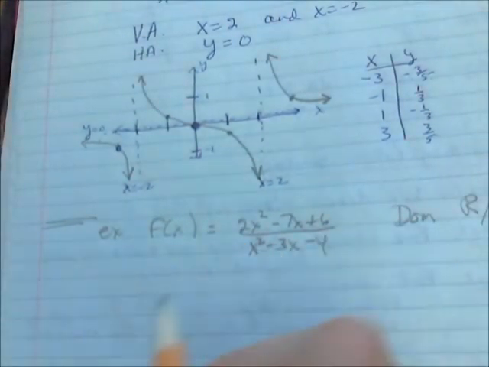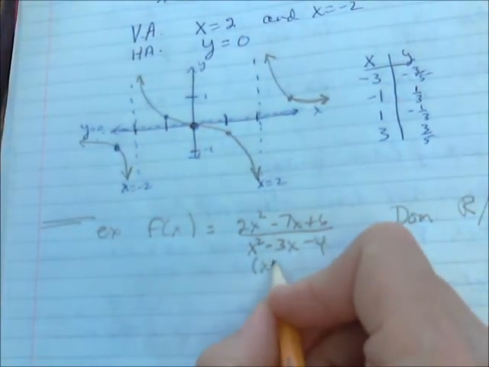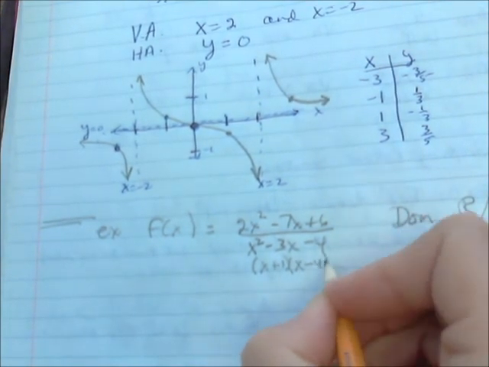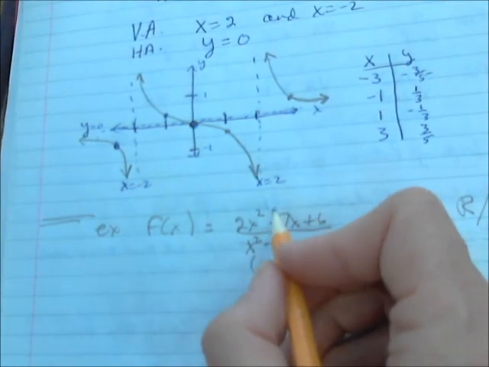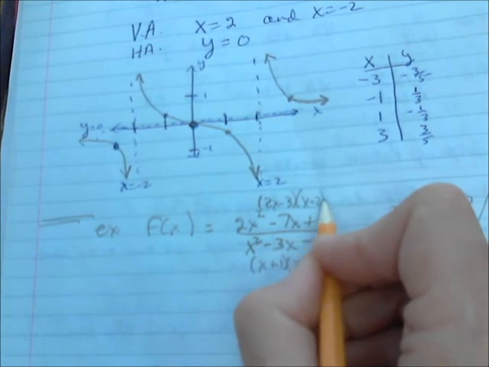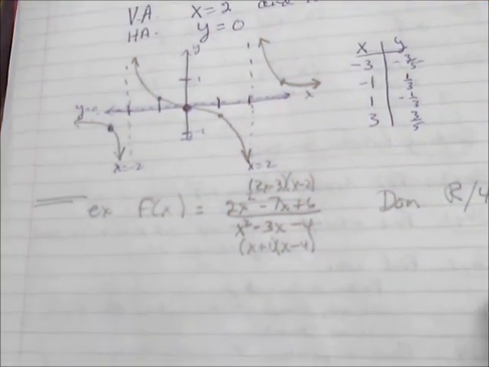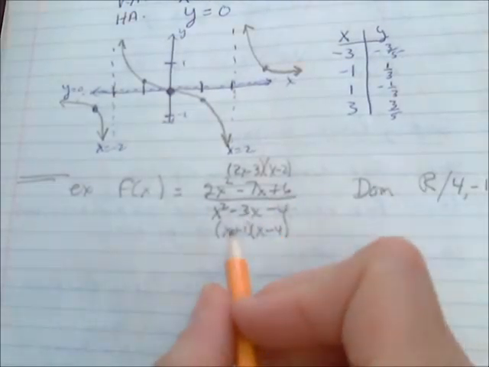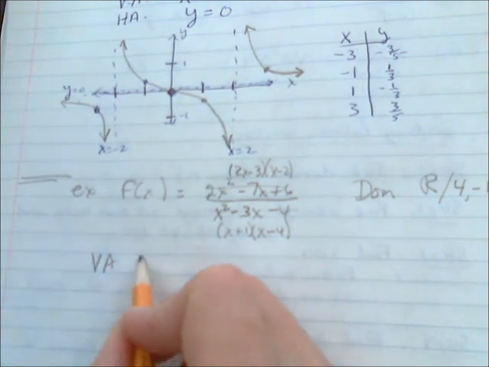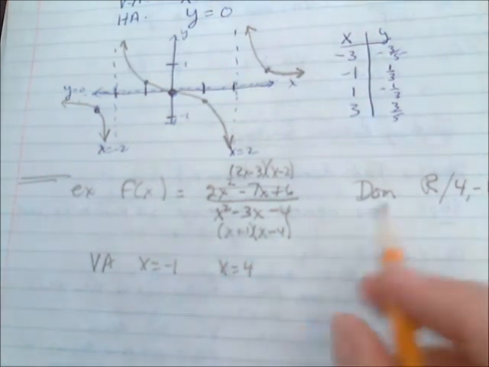You're going to factor the numerator and denominator completely, so this becomes x plus 1, x minus 4, and this numerator factors into 2x minus 3 times x minus 2. There are no common factors, numerator, denominator, so there aren't going to be any holes. There's going to be a vertical asymptote at x equals -1 and x equals 4, so there are going to be two of them.